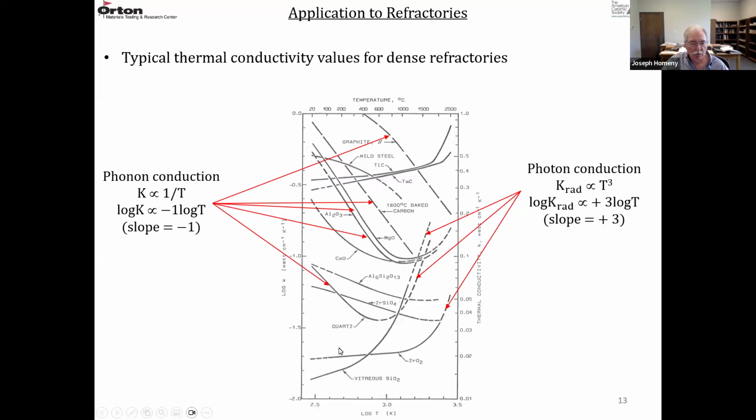So if we look at a plot here of conductivity versus temperature. So this is actually log of conductivity versus log of temperature. The units for conductivity here are in watts and temperature is Kelvin. Here's temperature in degrees C, and then thermal conductivity on a log scale here.